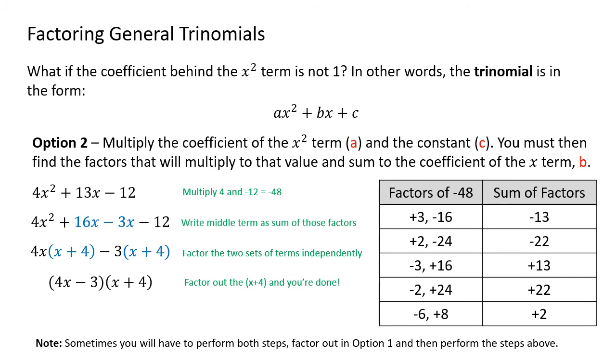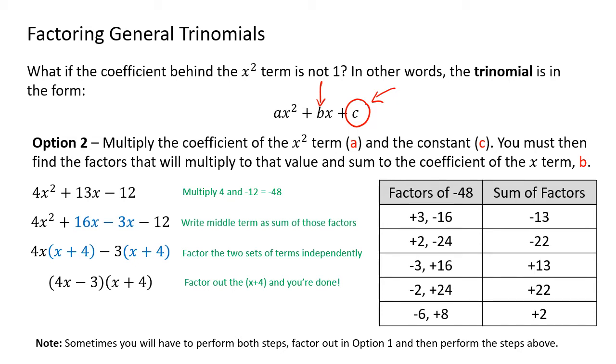The second option uses a very similar premise and method as the first option. The only difference is in our first option, we always tried to figure out the factors that when multiplied together gave us the value of the constant, c, right? And when you added them up, they had to come out to b.